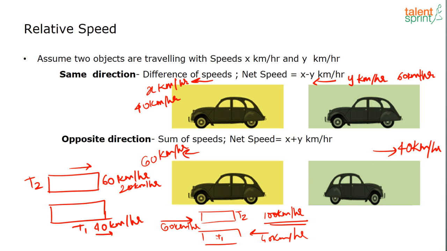Any doubts? When two objects are traveling in the same direction, the net speed is the difference between their speeds, and when two objects are traveling in the opposite direction, the net speed is the sum of their speeds. Yes, it is clear? Great. Syed says it's clear. Excellent. So, let's move on.